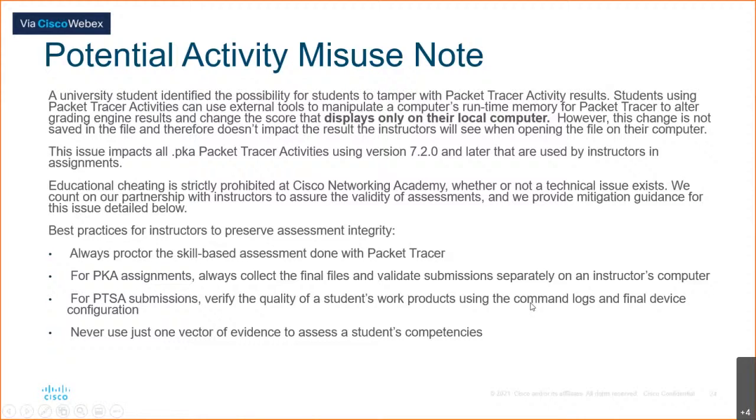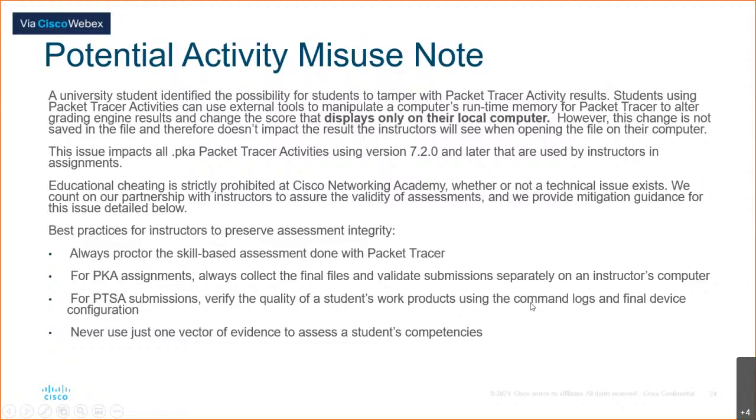Students can use external computer memory manipulation tools, and there are such tools available everywhere, to change the RAM for Packet Tracer while it is running, to alter the score, alter their grades.